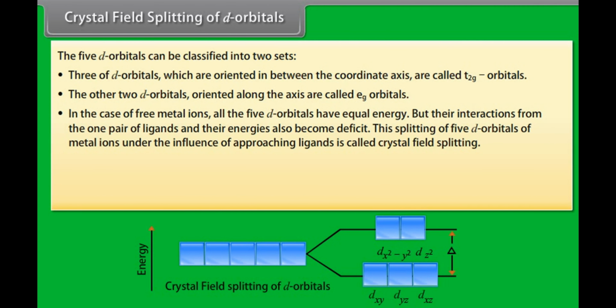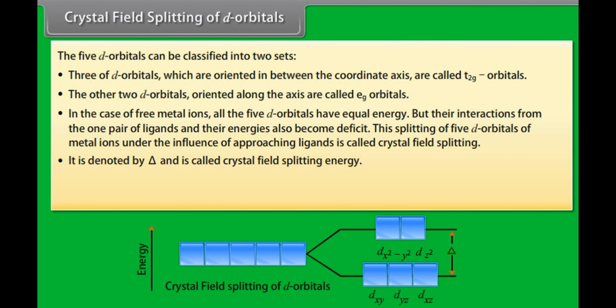In the case of free metal ions, all the 5 d orbitals have equal energy, but on interaction with the ligands, their energies also become different. This splitting of 5 d orbitals of metal ions under the influence of approaching ligands is called crystal field splitting.